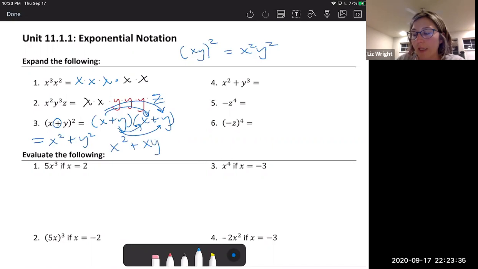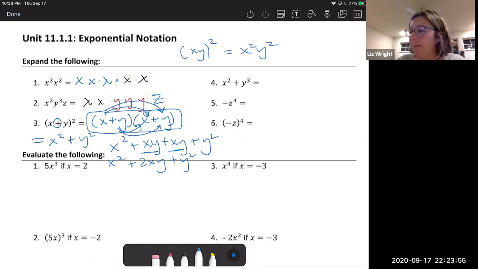You're taking plus xy plus y squared when you're multiplying them all out. Then you combine these two terms, and you're going to have x squared plus 2xy plus y squared for that one. And again, when we're just expanding, this is what you need for just expanding it.